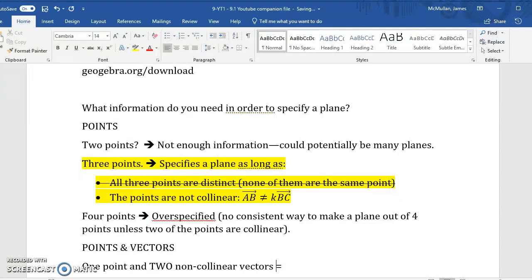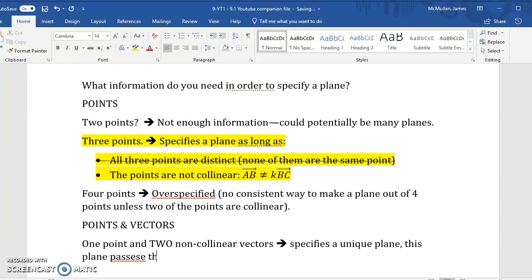It specifies a unique plane. And let's just make a note here. This plane passes through the point and is parallel to both vectors.